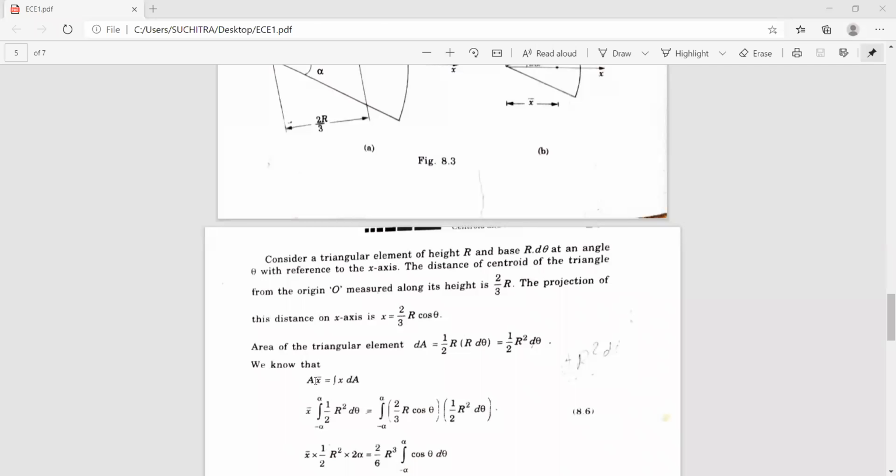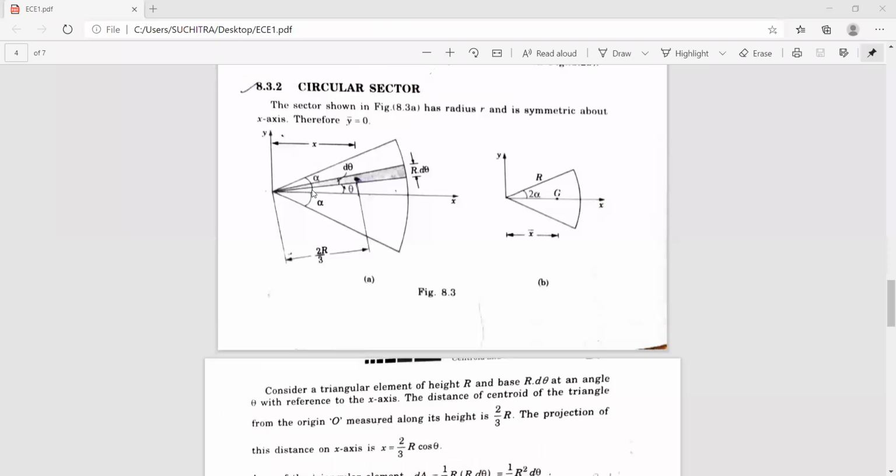The triangular elemental area dA is half r square d theta. So the area is the integral of this. The limits of integration in this case are plus alpha and minus alpha.